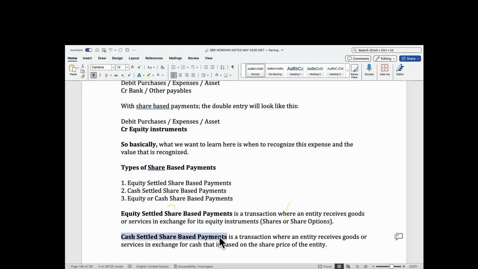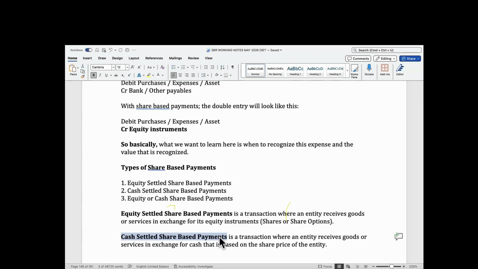So this is a transaction where an entity receives goods or services in exchange for cash. So here, they are going to pay cash, but the value of that cash is not based on the value of the goods or services received, but on the share price of the entity.